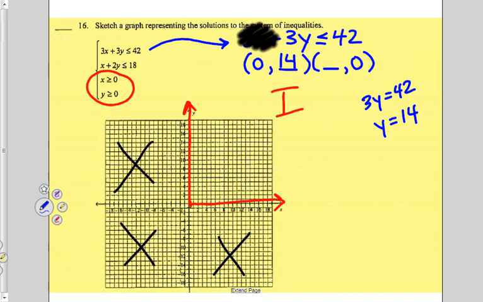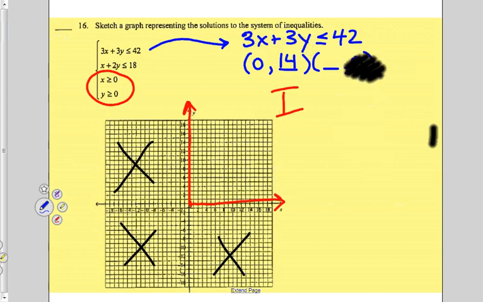Okay? The other one, blank comma 0, well, in that case, you're plugging in 0 for y. Basically covers this up. And if 3x equals 42, what would x be?